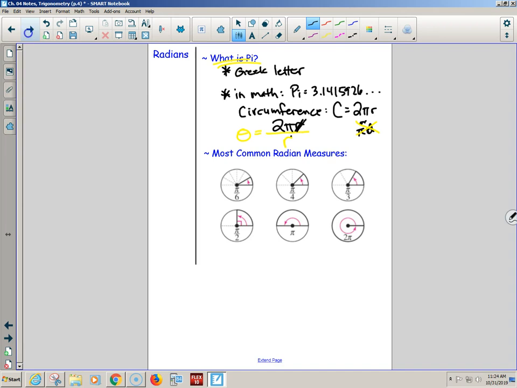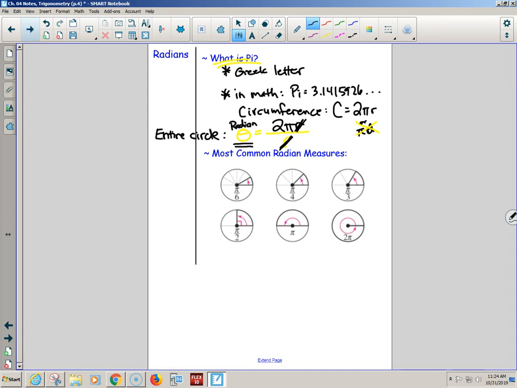Circumference is dependent on radius, and this angle in radians is dependent on radius. So I just showed with a simple illustration that the distance around, or the arc length of an entire circle, the circumference, goes all the way around. The radian measure of an entire circle is 2 pi.